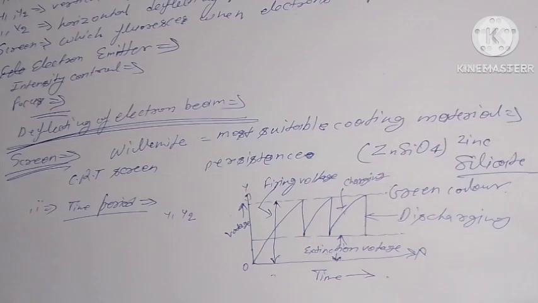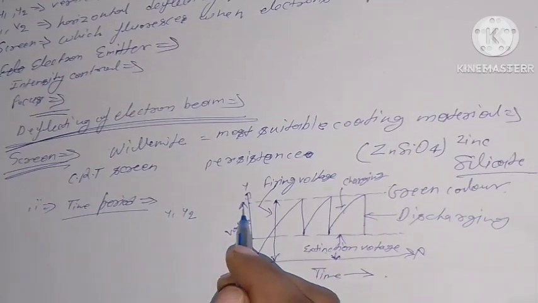If an alternating potential difference is applied to the plates Y1, Y2, the spot on the screen will trace out a vertical line, proportional to the peak value of the applied voltage.